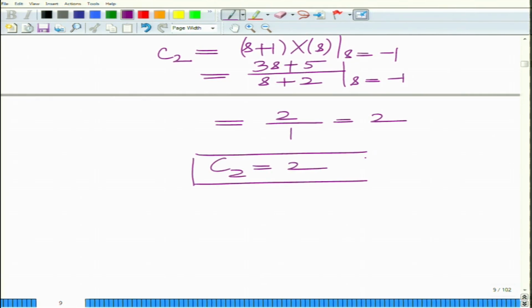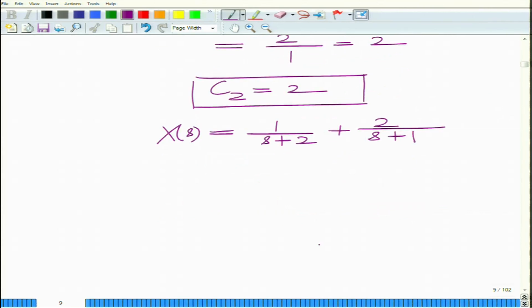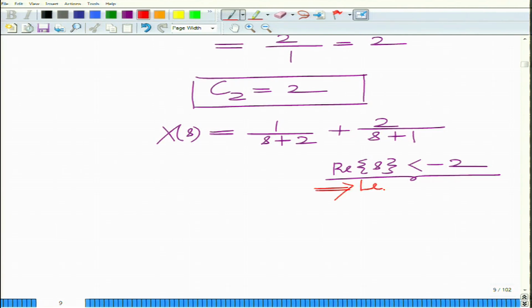And therefore, from the partial fraction expansion we have X(s) equals 1 over s plus 2 plus 2 over s plus 1. Now, you can see the ROC is real part of s less than minus 2, which implies that this is a left handed signal. Okay.